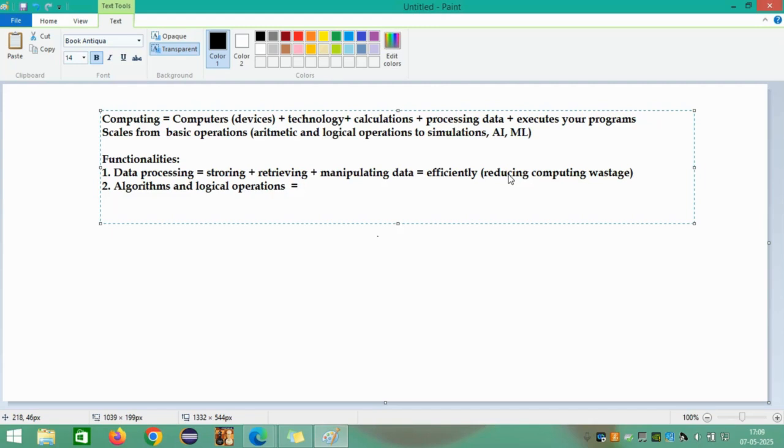The manner, the pattern in which the requests are taken, and how the resources are allocated, the pattern in which the resources are allocated, all these are usually done with the help of algorithms. There are n number of algorithms available which perform these logical operations. So I can call this procedures to solve a given problem.